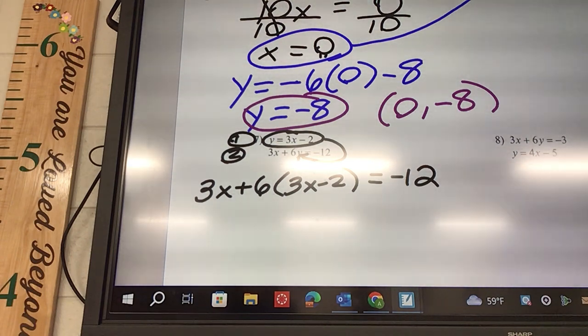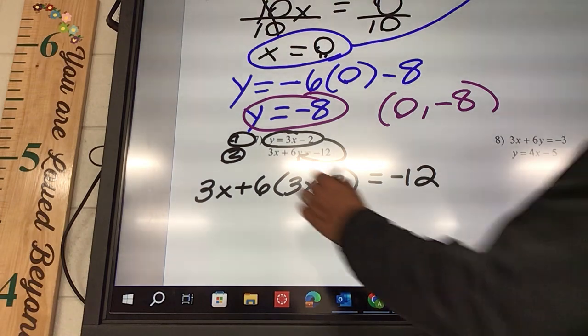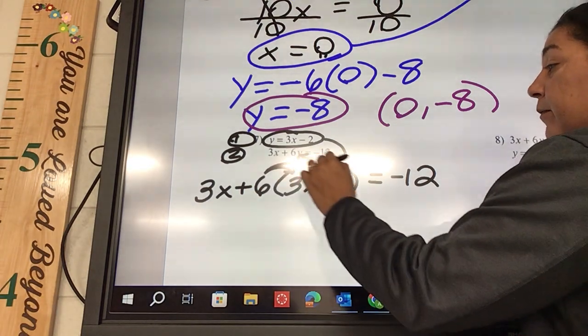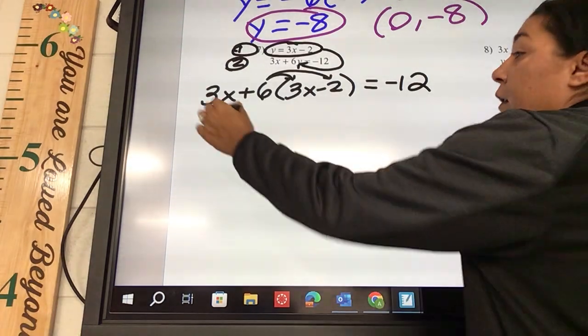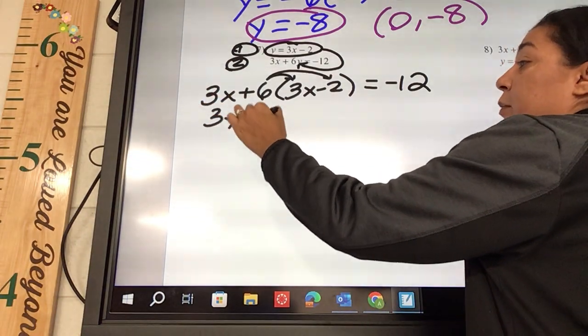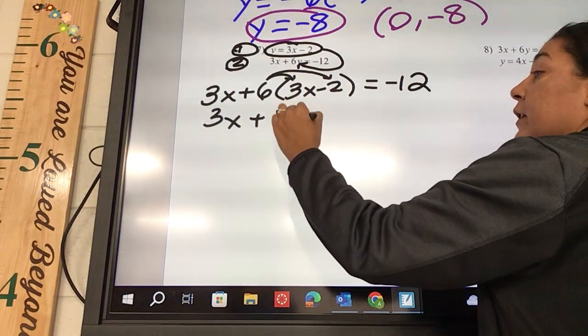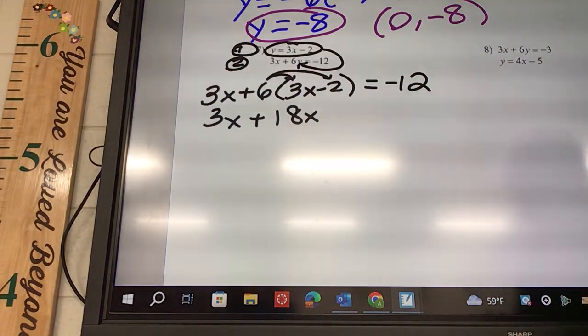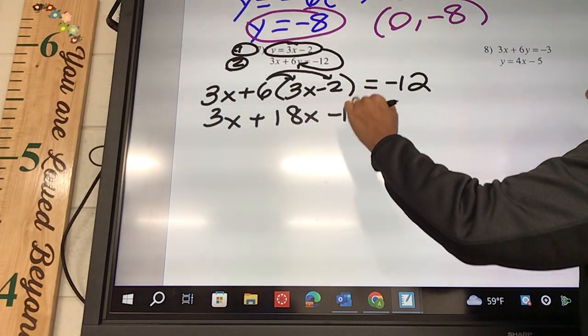What is my next step? Distribute the 6 from the 3x and the negative 3. Yeah, we're going to distribute. So we got 3x plus, what is 6 times positive 3? 18. So we get 18x, and then 6 times negative 2 is going to be minus 12.